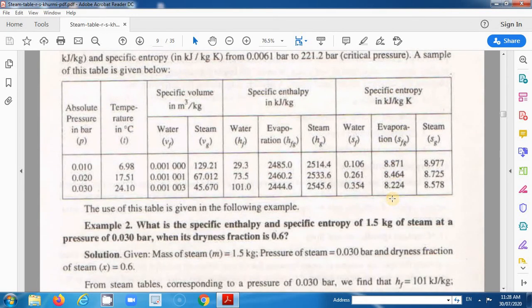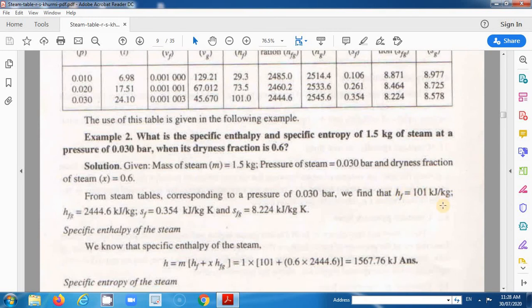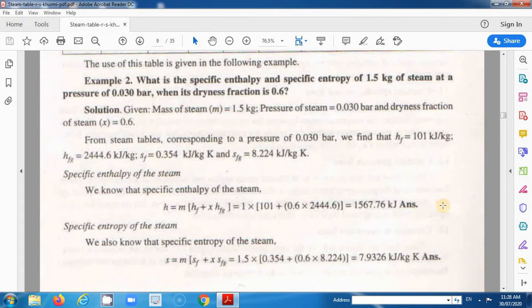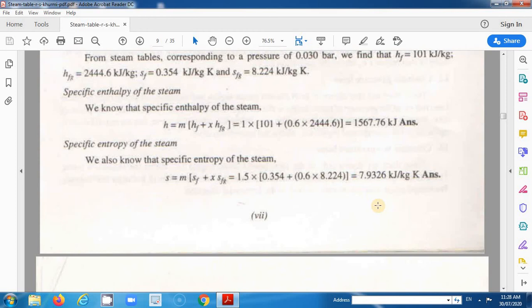When we multiply by the given mass, the answer is in kilojoules. So once again I appeal to you: instead of 1, put 1.5 here, do the calculations, and find your answer. Now next, the specific entropy of the steam.